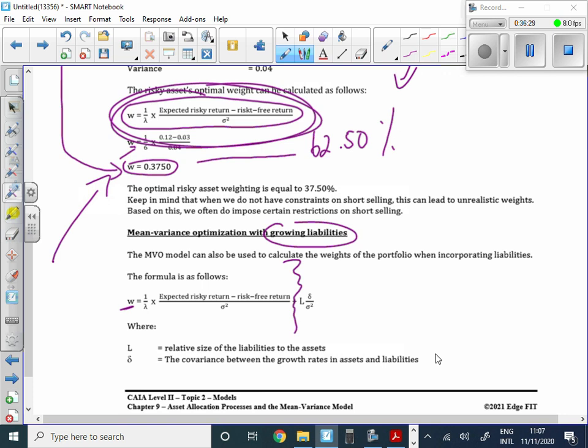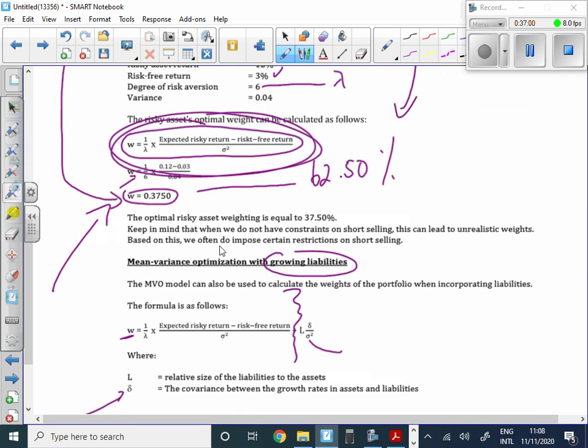When I've got growing liabilities, L is my liabilities, and the relative size of liabilities to assets, and this fancy squiggle, call it what you wish, is really the covariance between growth rates of assets and liabilities. In other words, what's the relationship between how assets and liabilities grow? And of course, that's over your variance. Nice and simple, nothing too crazy over there.